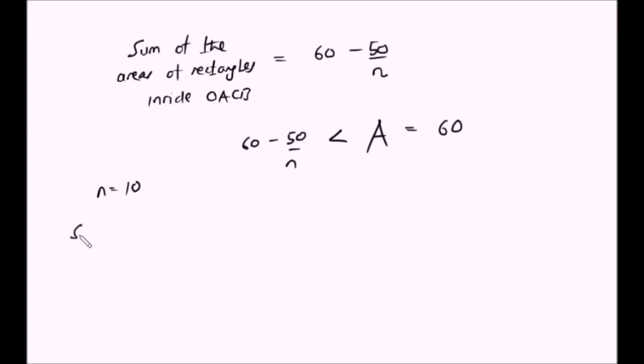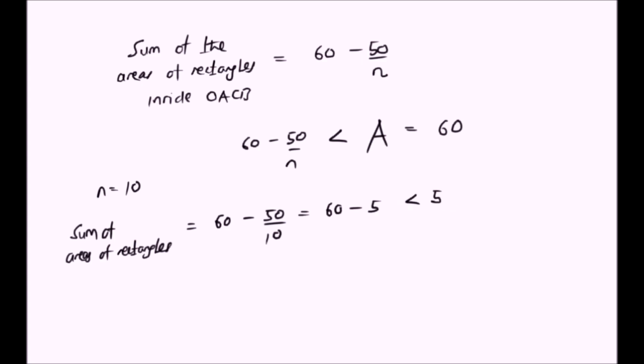You can see the sum of areas of rectangles will be 60 minus 50 over 10, which is 50 over 10 is 5, which is 55, which is less than 60. You can see 60 is the area of the trapezium. The sum of the areas of rectangles, which is 55, is very small compared to it, meaning it is far from the truth.